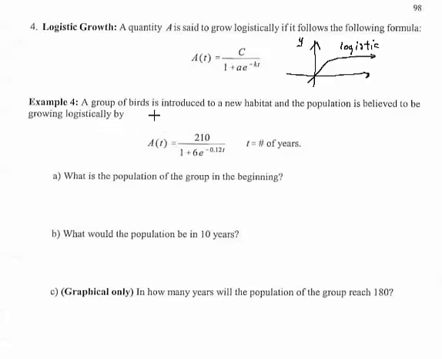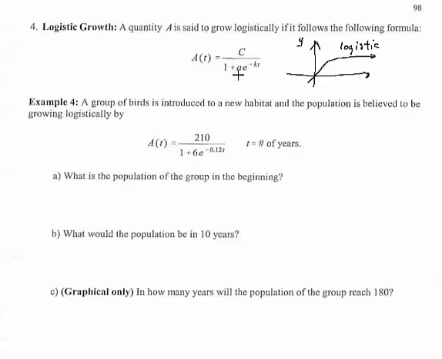So example 4 uses this type of formula to describe a group of birds and its population. It says that the population of the birds will grow according to this formula, which matches the formula we were given above, where C equals 210.